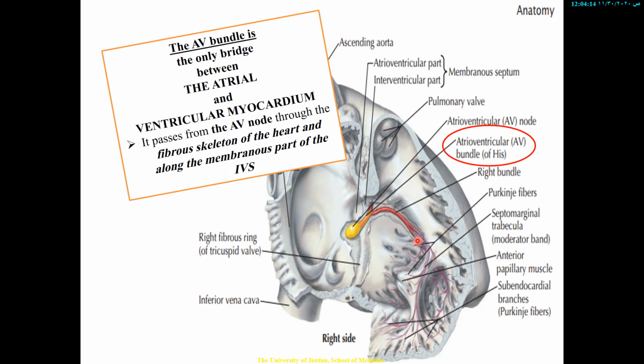It is within the membranous part of the interventricular septum. Why is that? Why is it not running in the myocardium? For insulation purposes, and the best insulator in the heart is nothing but the fibrous skeleton. So that's why the AV bundle is within the membranous part of the interventricular septum.